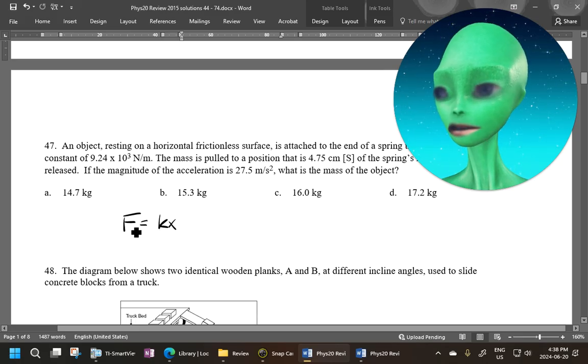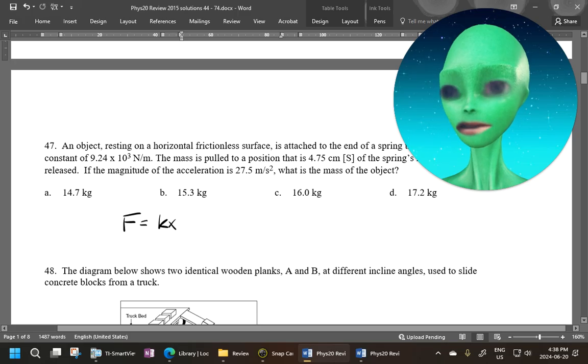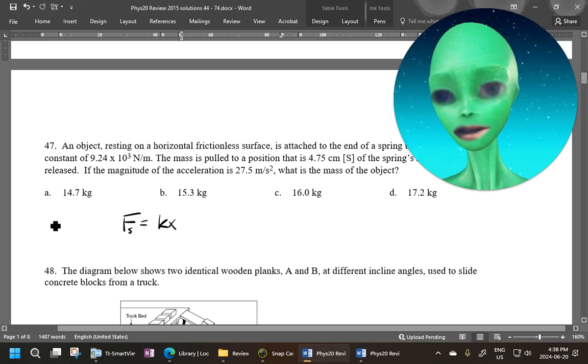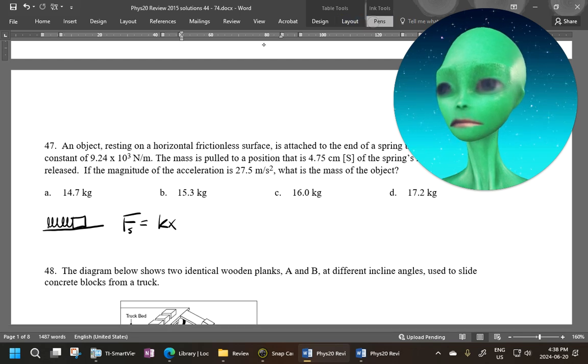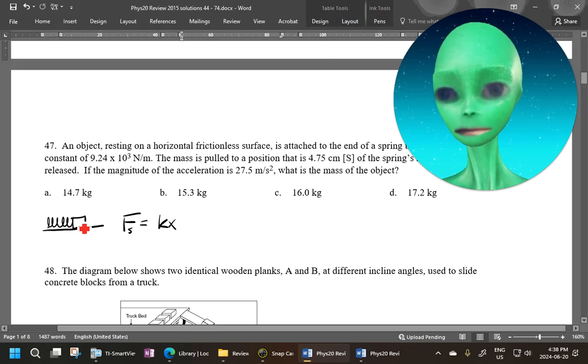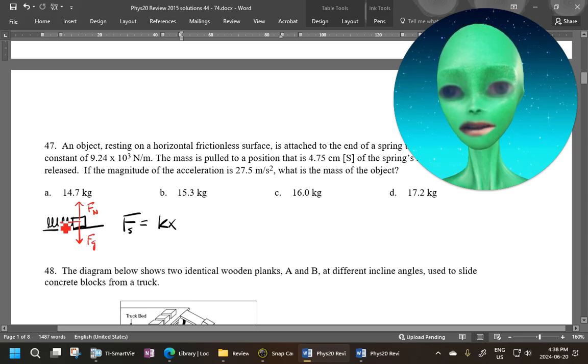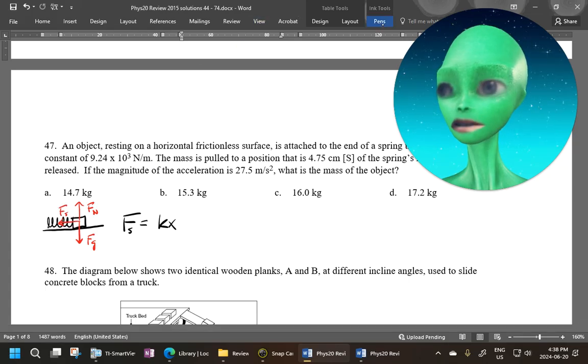And this force, if it's on a nice horizontal surface, is the spring force, the restoring force, whatever you want to call it. If it's on a horizontal frictionless surface, then the gravity force and the normal force cancel each other out, and the only force I have is this Fs. All right, so that's my net force.